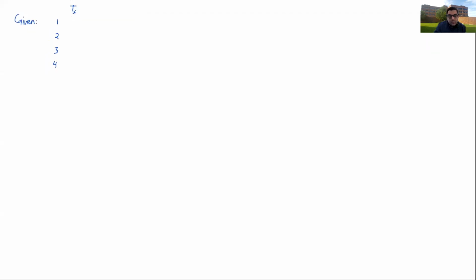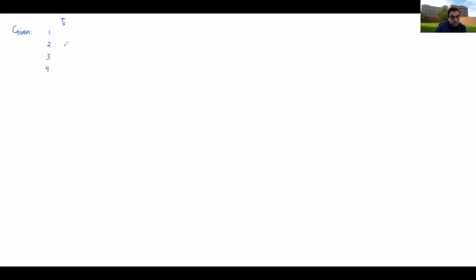Okay, let me maximize the screen right here. Let me write the given. So you're given 4 streams, basically 1, 2, 3, 4. My source temperatures in degrees Celsius are 170, 140, 60, and 30.